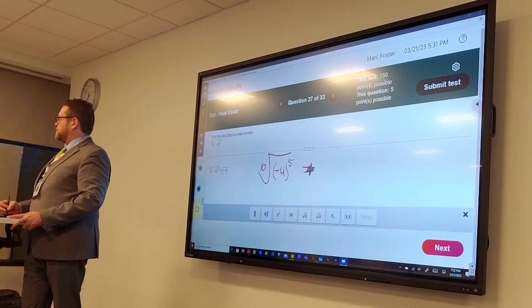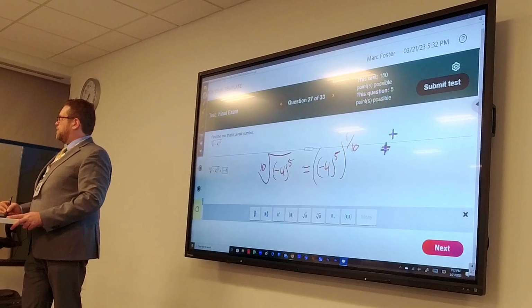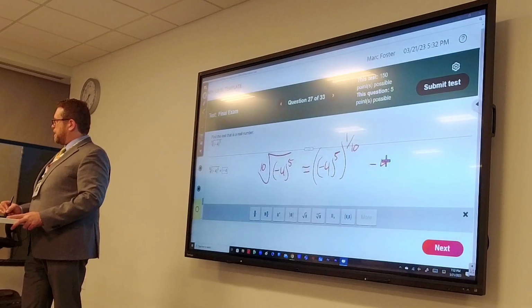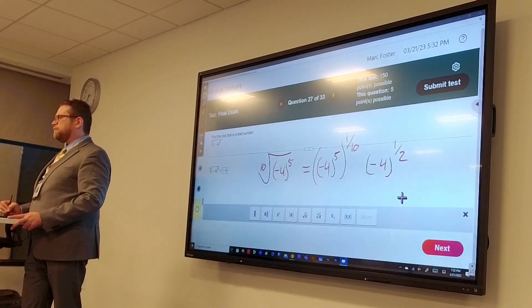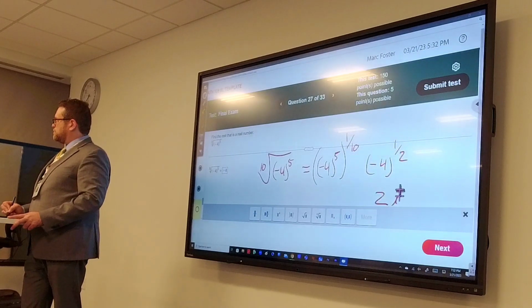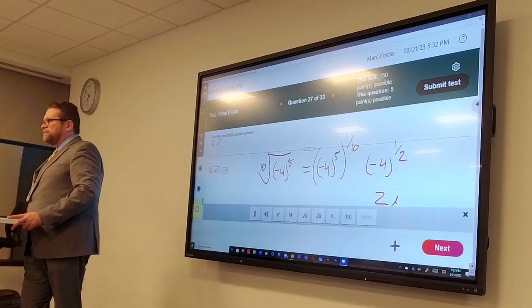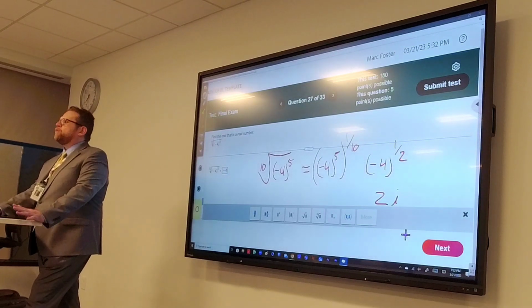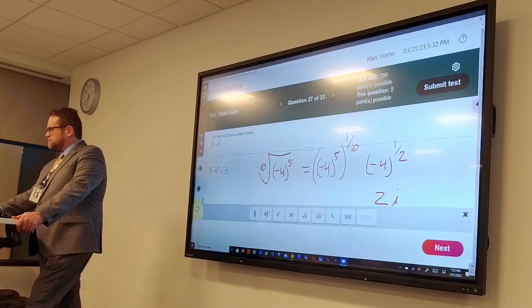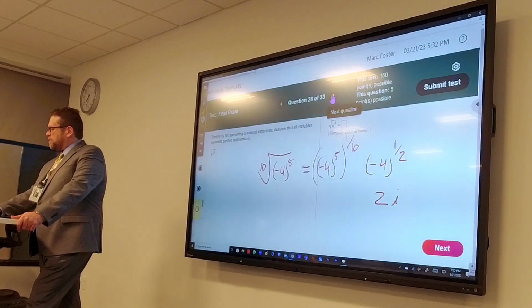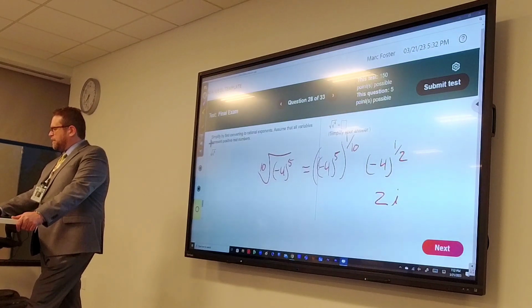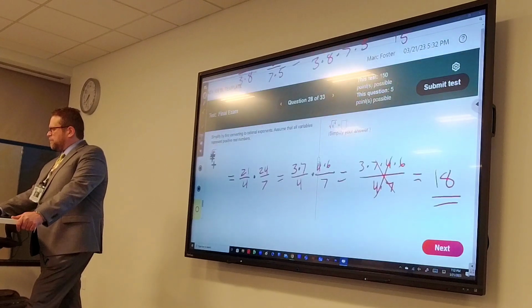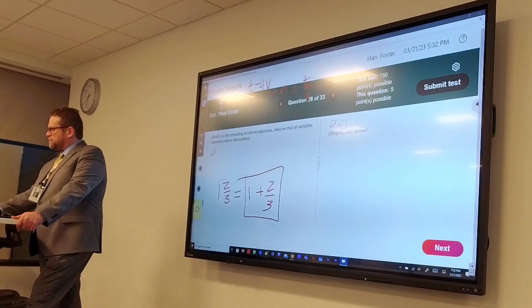I like how you're thinking, but it wouldn't. You have -4 to the 5th to the 1/10. So it would be -4 to the 1/2. The answer is 2i, where i is the square root of -1. So it's a negative number in the square root. It won't be a real number. You've got to have a non-negative number inside the radical for it to be a real number.